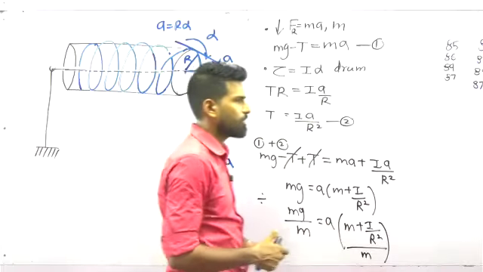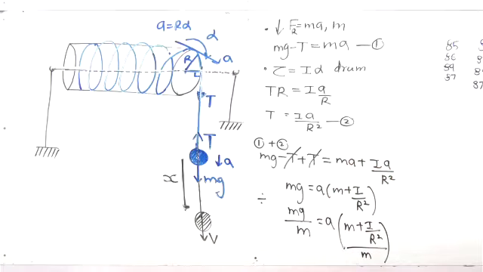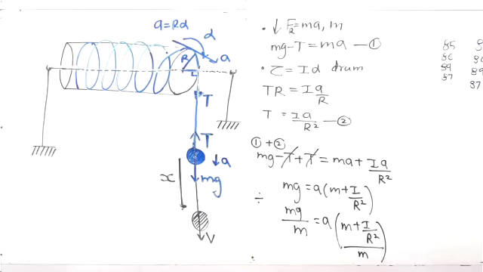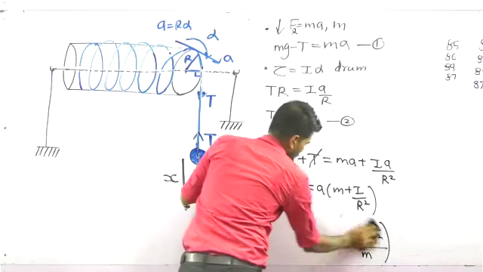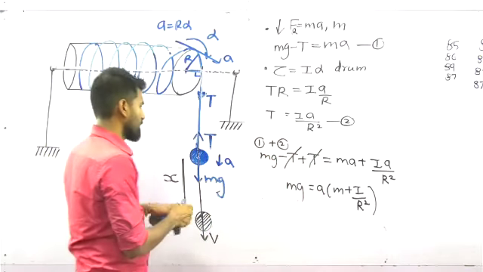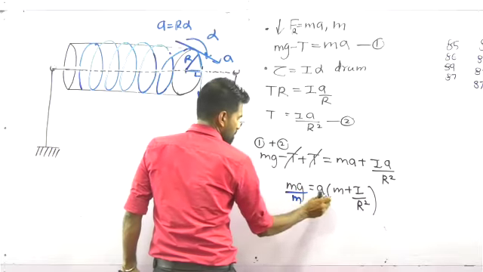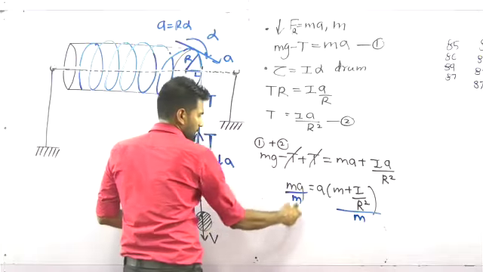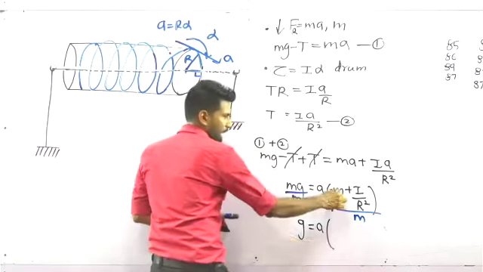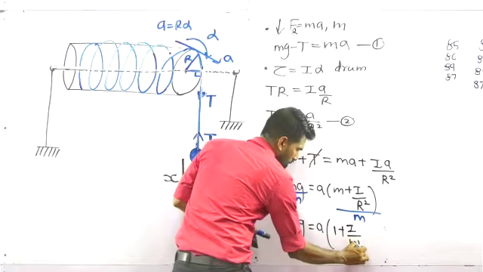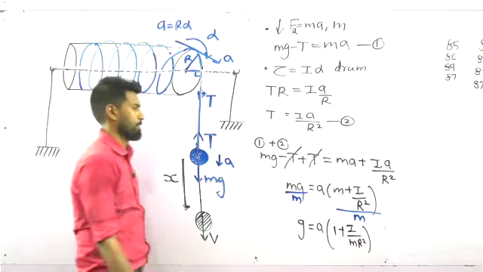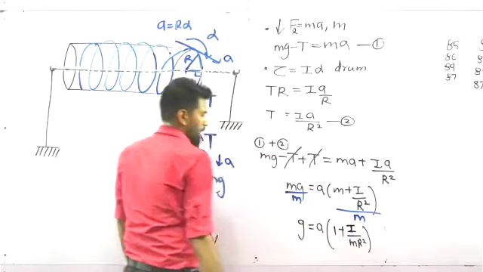Dividing all the parts by m, what will happen? mg over m is g, and acceleration a remains. m divided by m is 1, and I over r square divided by m is I over m r square.